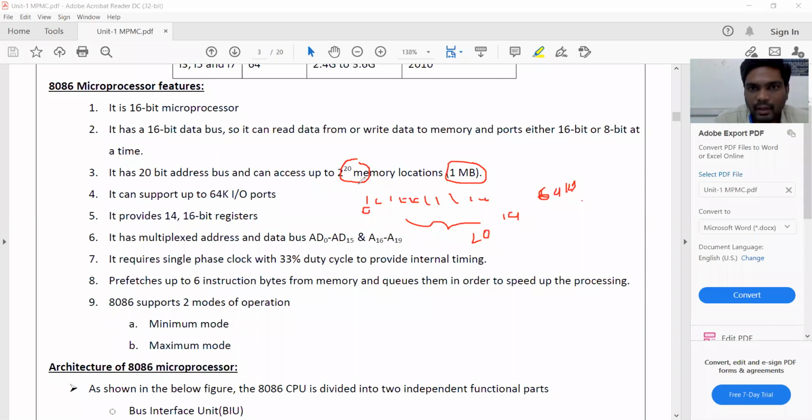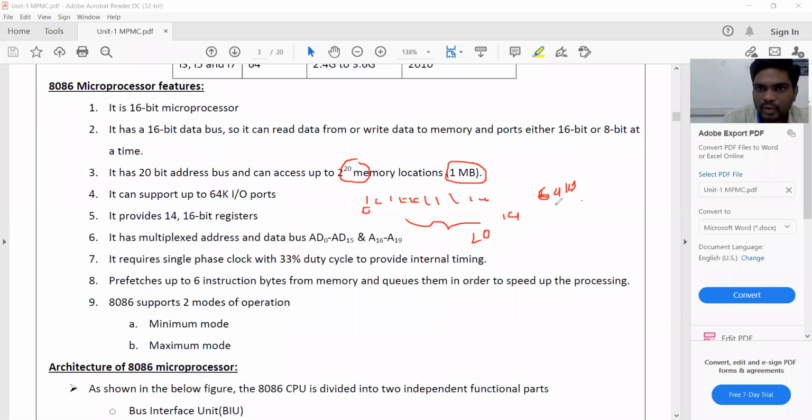Similarly, each and every memory location in this 8086 microprocessor can store a maximum data of 16 bits only. Hope my point is clear.